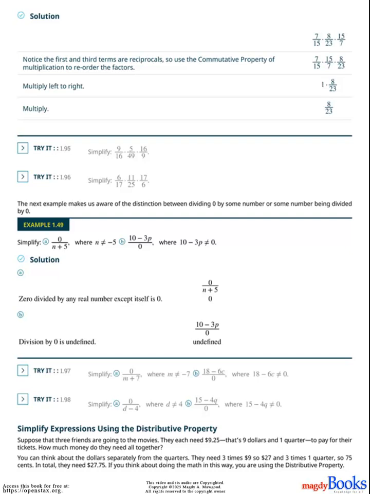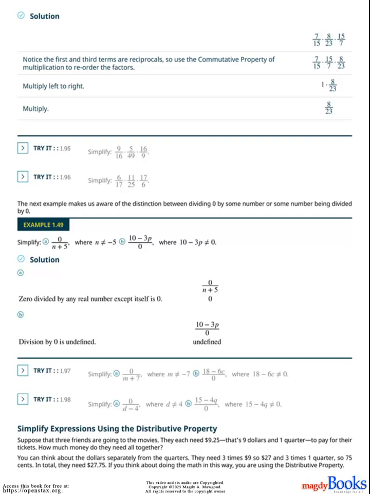Notice the first and third terms are reciprocals, so use the commutative property of multiplication to reorder the factors. 7 over 15 dot 15 over 7 dot 8 over 23. Multiply left to right. 1 dot 8 over 23. Multiply. 8 over 23.